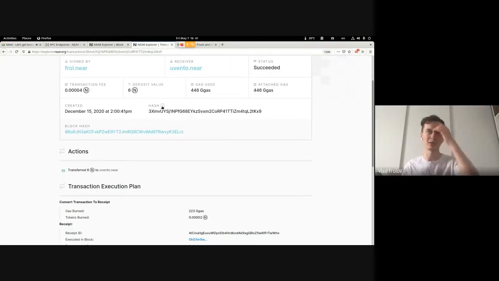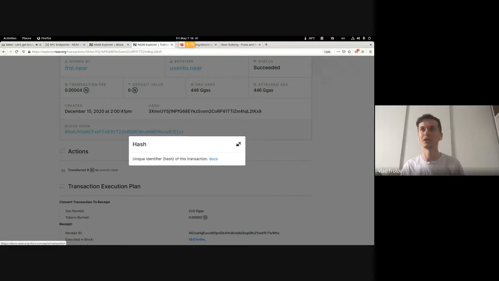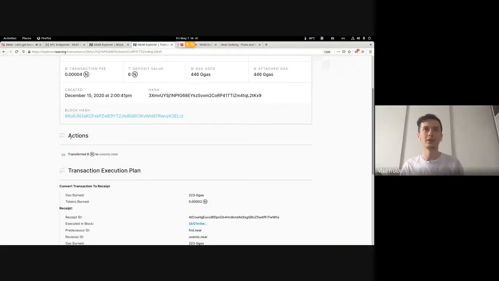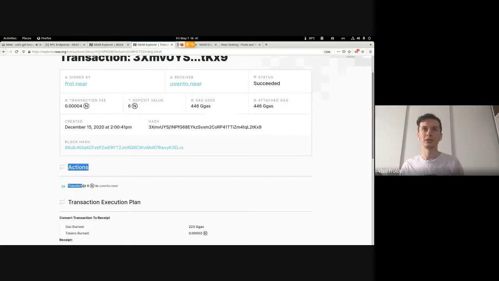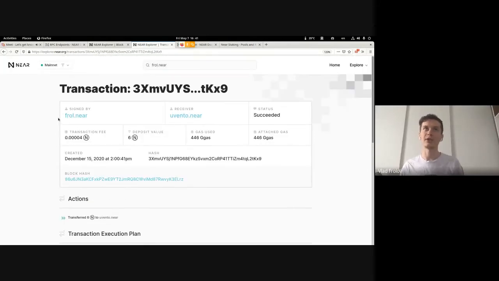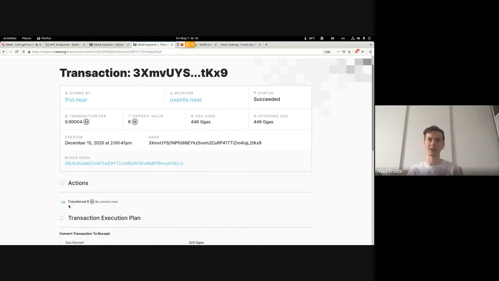It might be incomplete, I will need to double check actually. My transaction, like any transaction, can have multiple actions, and in this specific case, there is only one action. I wanted to transfer 16 to this account. Only one action.